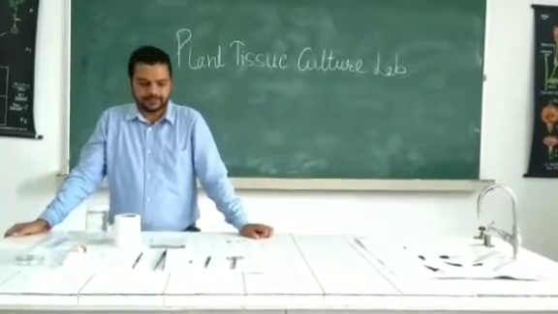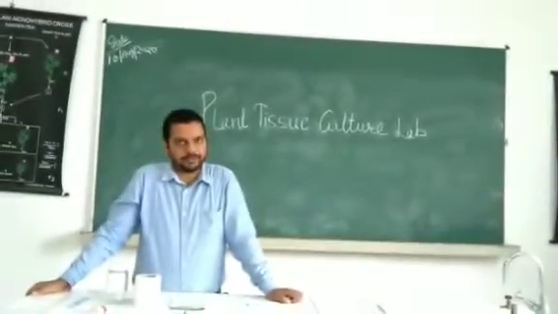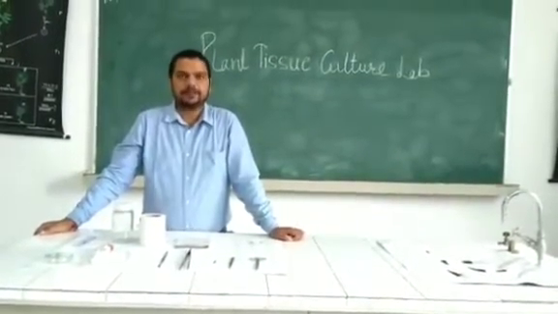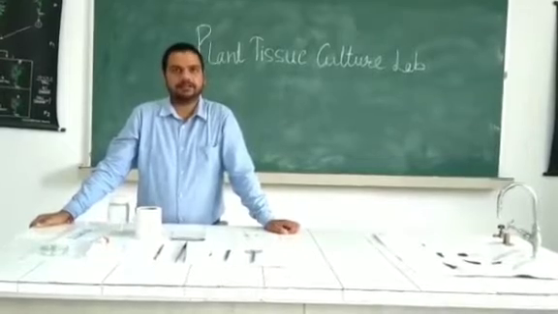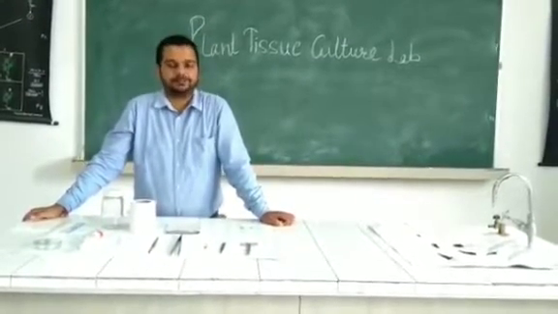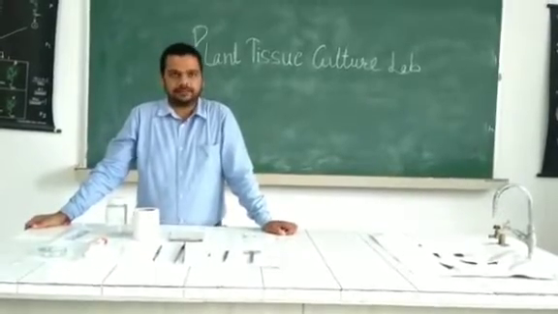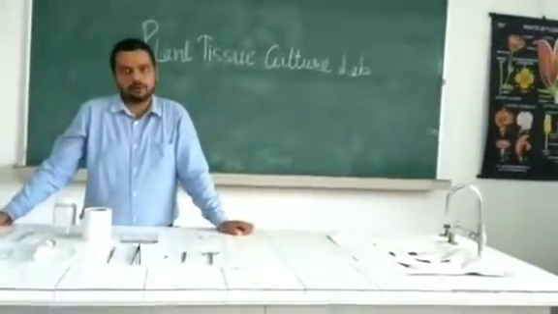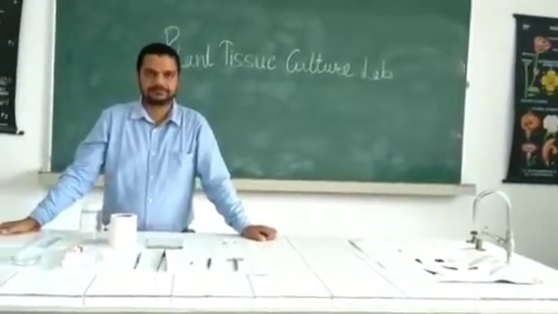Fourth is a transfer area, where we will transfer the explant into the media. It needs a sterile area. And fifth is the culture room, where the actual culture procedure is done. In this culture area, the explant will grow. I will show you all these 5 areas of our lab.